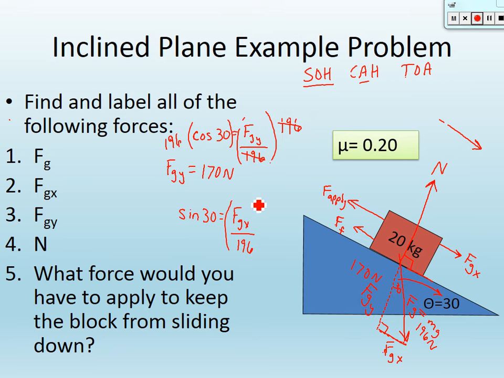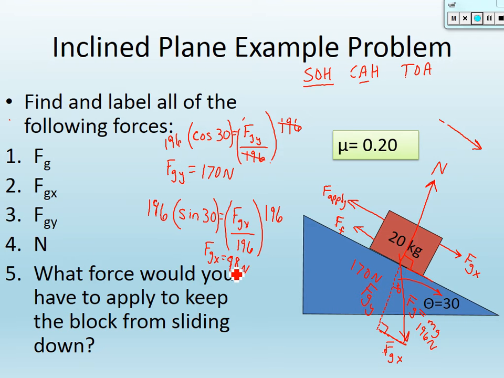Okay, again, to get FGX by itself, we need to times both sides by 196. Okay, so 196 times the sine of 30 is equal to 98 newtons. So FGX is equal to 98 newtons.